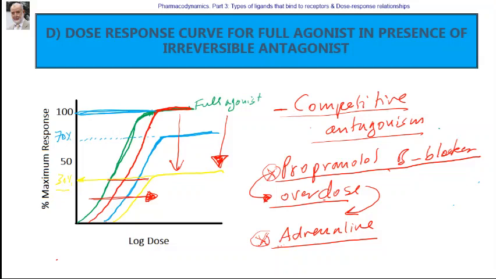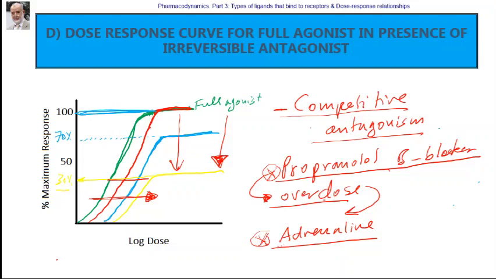Once you give the dose, that's the end of the receptor, and you need many days before new receptors are synthesized. So this is pharmacological antagonism by ligands, which are either irreversible or competitive.